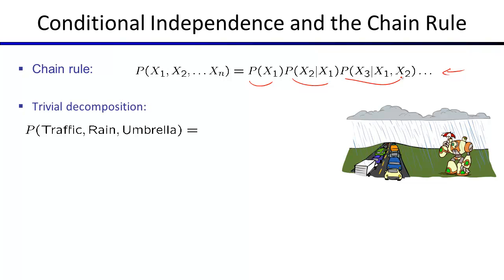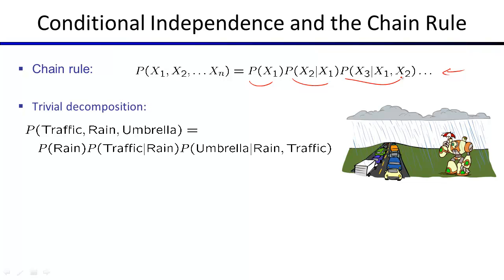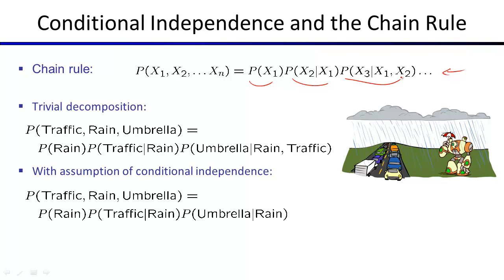If we apply this to the traffic, rain, umbrella domain, here's what we get. That's just applying the chain rule. This is always possible for any distribution over a set of random variables. No assumptions are being made. But now if we're willing to make the conditional independence assumption, then we get a simplification. We can simplify this last one here. If we assume that umbrella is independent of traffic given rain, we can make this simplification.